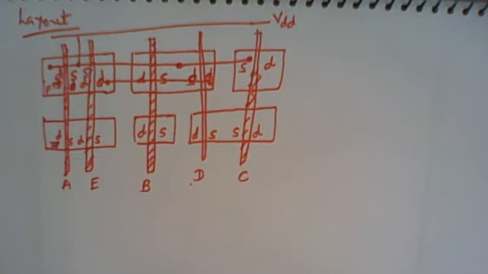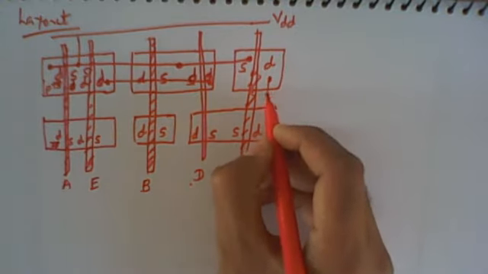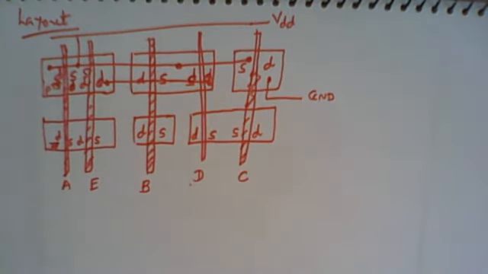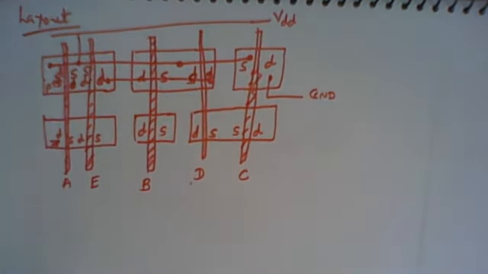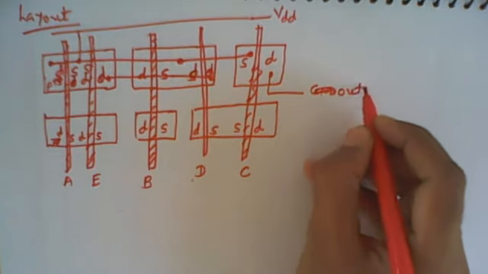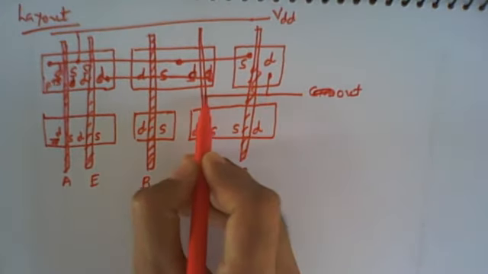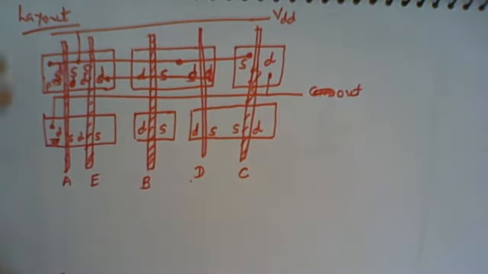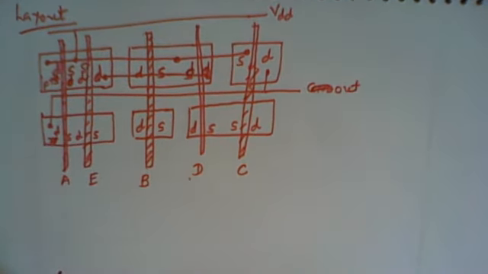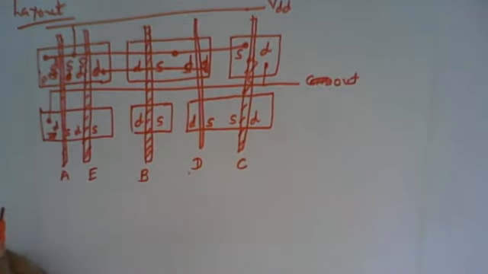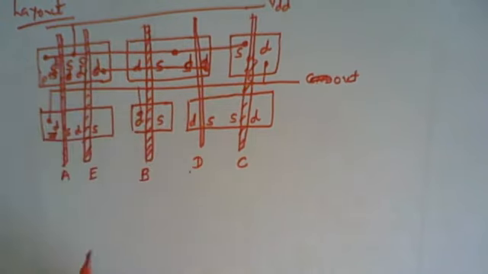Then the ground is connected at the drain of P MOSFET C. Output is connected with the drain of P MOSFET C and the drain of A, right? So output is connected with the drain of A as well as the drain of B MOSFET, right?